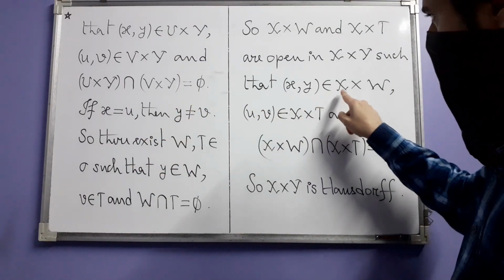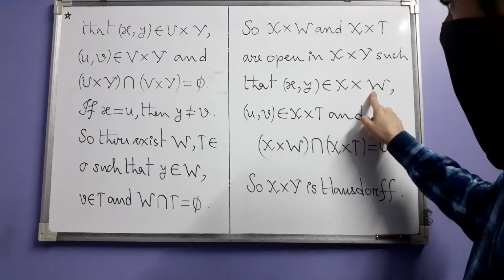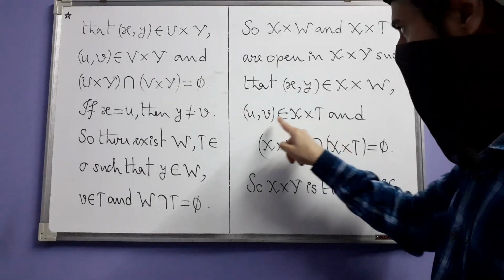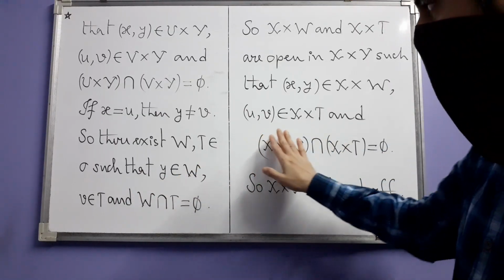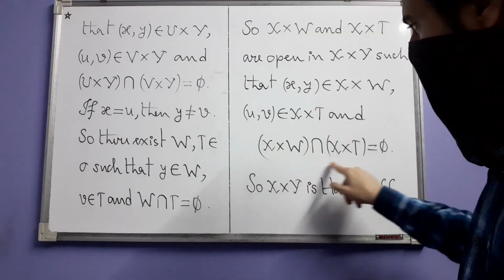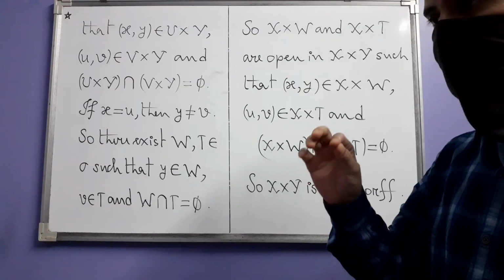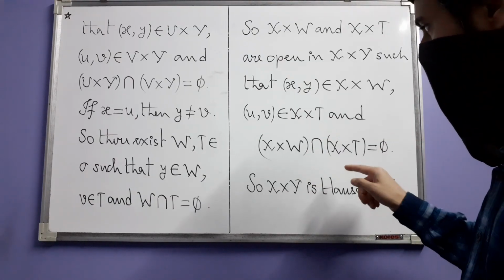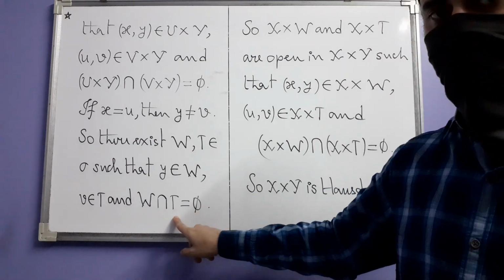Note that x is in X and y is in W. That's why this one is in X × W. Similarly, T contains v and u is anyway in X, so that's why you have this containment. And these two are disjoint because if you have a common point between them, then that common point should have a second coordinate which should belong to both W and T, which however is not possible.